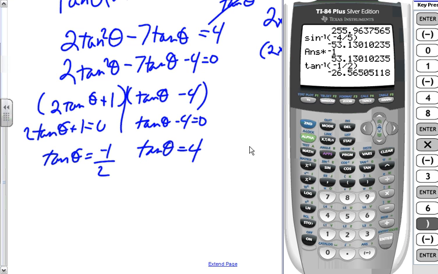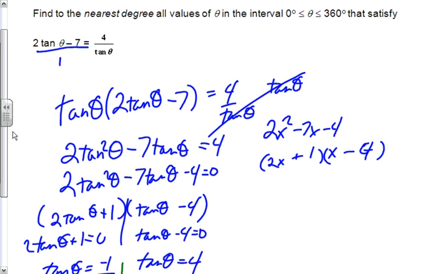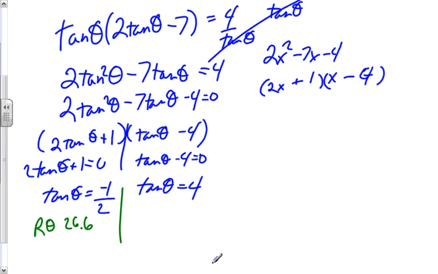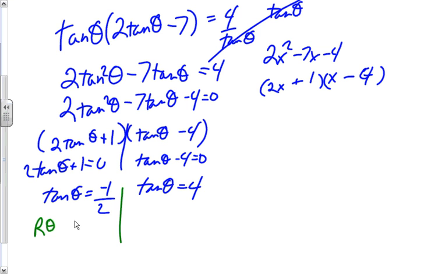Right? Our reference angle is just going to be 26.6 degrees then. Reference angle for this side is 26.6 degrees. Alrighty. And it said to the nearest degree, so actually I can improve that to what it says direction-wise, which is it's going to be 27 degrees. My reference angle.